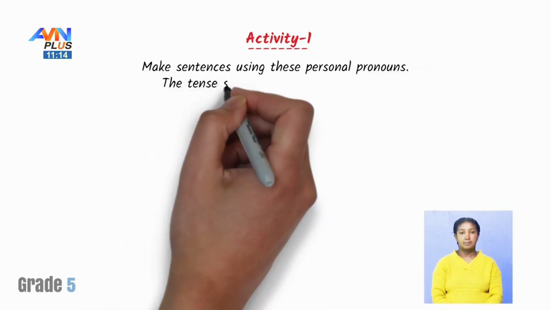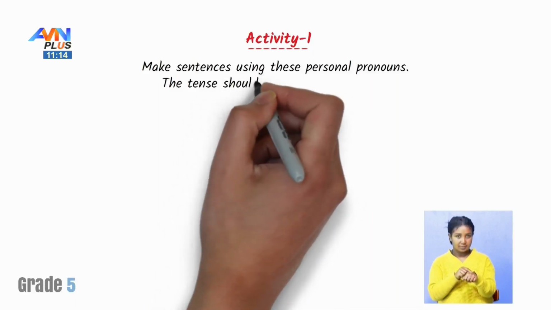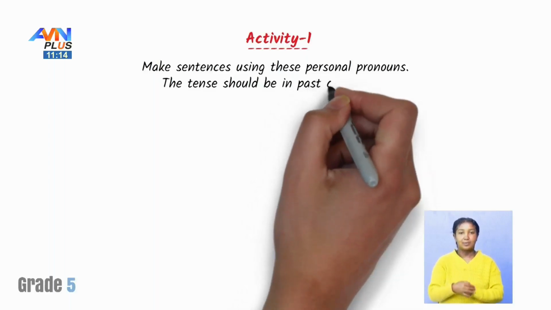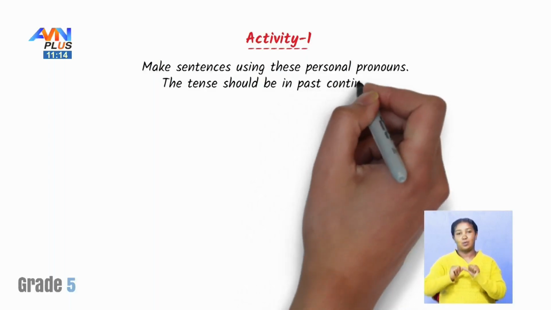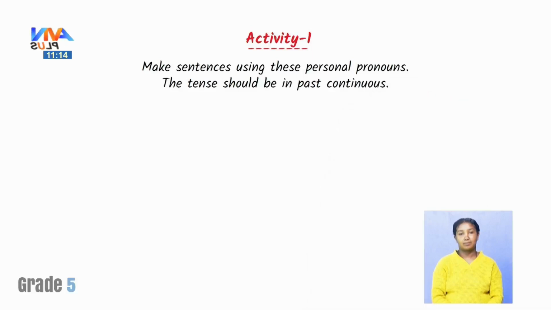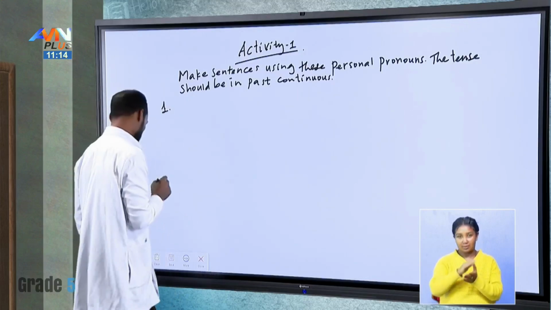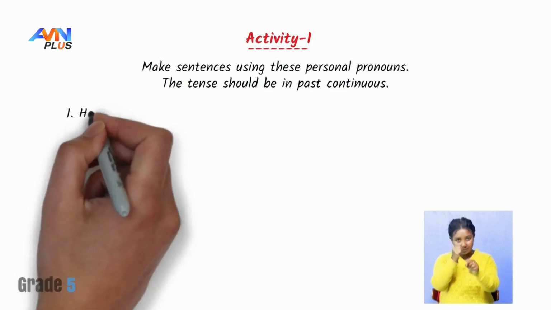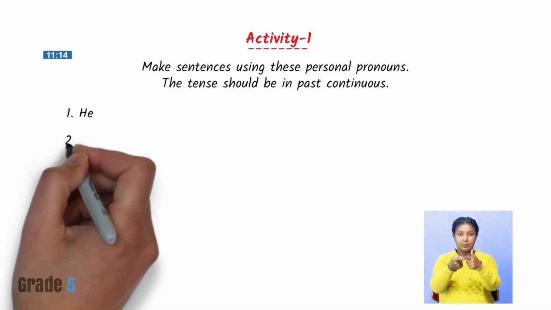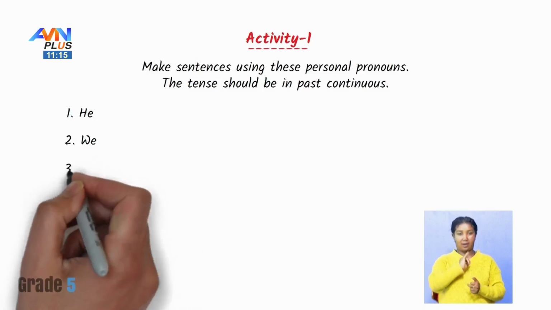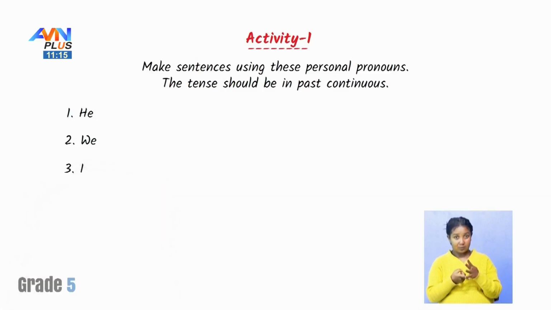The tense should be past continuous tense. Number 1, he. Number 2, we. Number 3, I. Number 4, you.